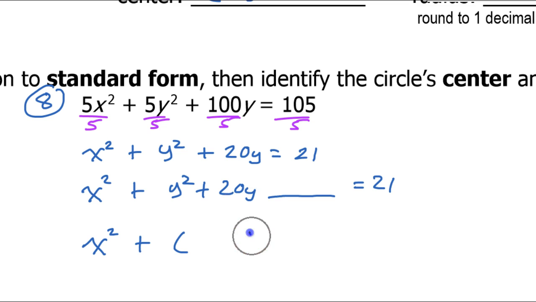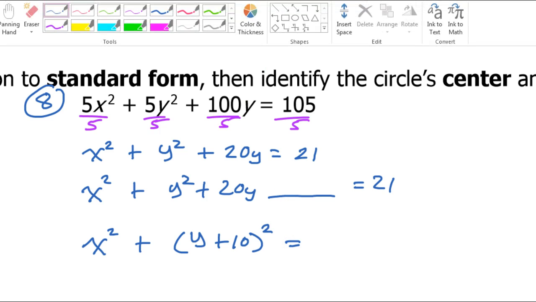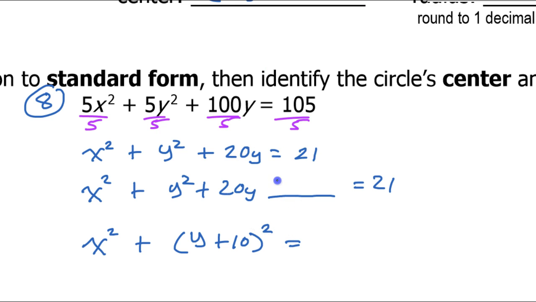But for the y's, I'm going to complete the square and turn it into a binomial squared. Inside the parentheses should be y plus 10, because it's got to be half of that. I take the 10 and I square it, and that's what I know to put inside of the empty space. That's how I complete the square. So that's why this will be 100, okay, because 10 squared.